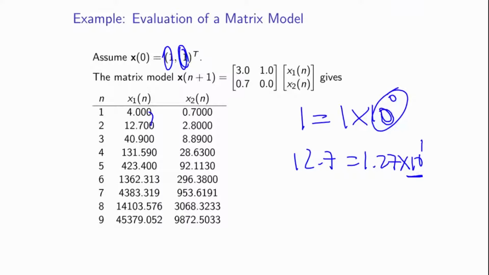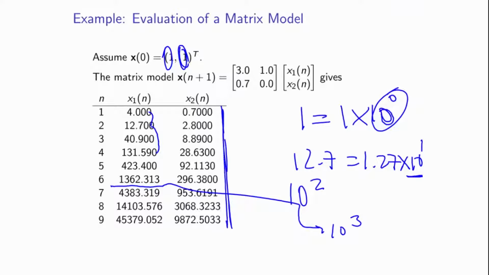Then in basically another 2 steps, this is now having order of magnitude 10 to the 2, and quite rapidly this now has order 10 to the 3. So you see that in a few steps, the orders of magnitude start increasing, okay? That's a footprint. And you can notice a similar pattern for x2, okay?